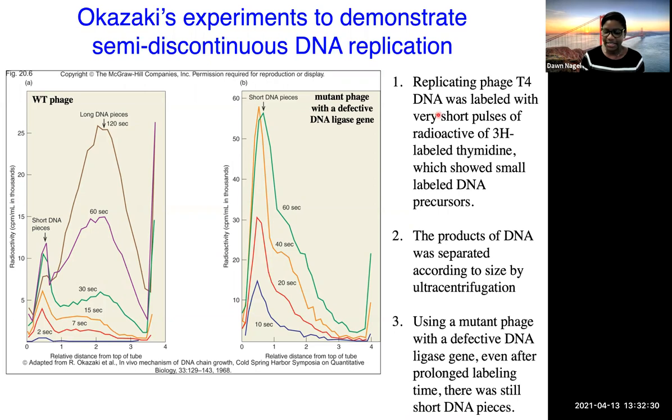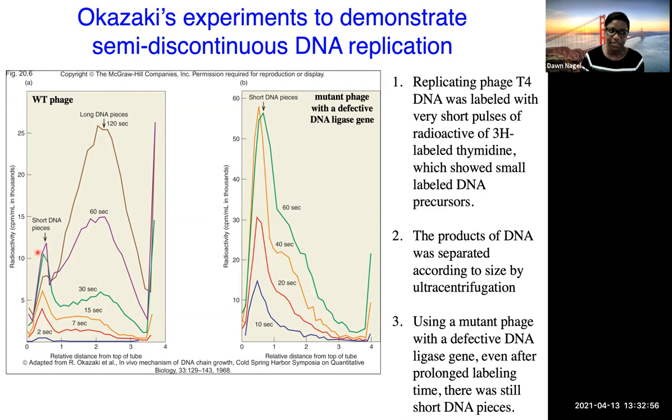So what he did is that he labeled the DNA with short pulses of radioactivity, just to get enough radioactivity into those replicating DNA, okay? And by doing that, when the DNA replicates, you can measure how much radioactivity is there.